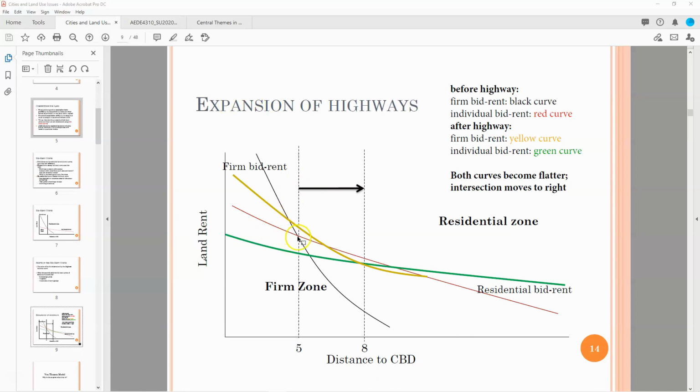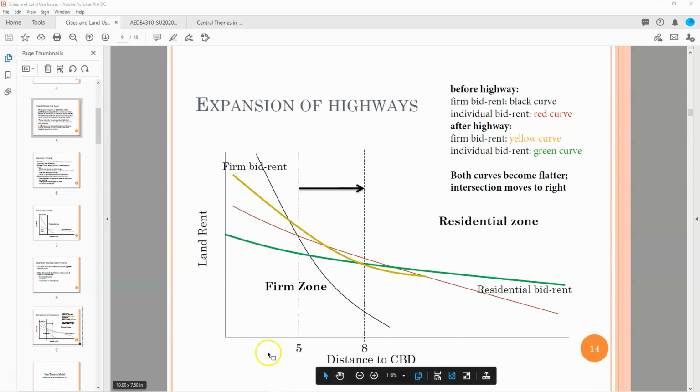So suppose before the highway, again the black one is the firm's bid-rent curve and the red one is the household's bid-rent curve. Their intersection point is here, and the area to the left of this intersection point we call the firm zone, because firms would be willing to pay more for the land on the left of this intersection.